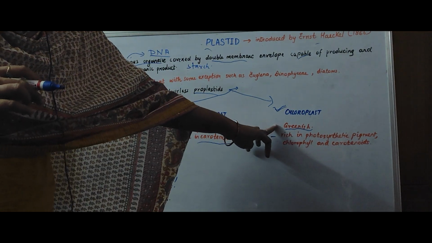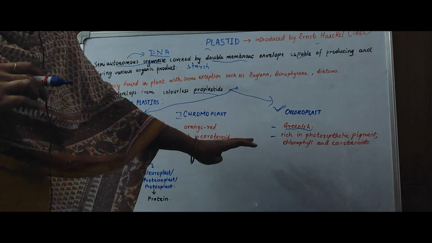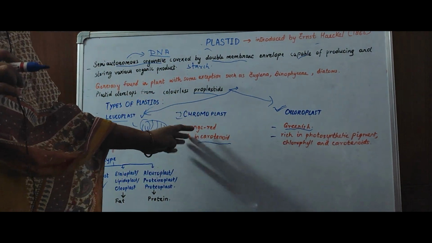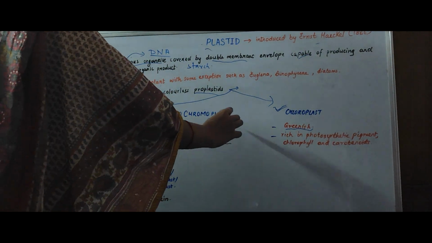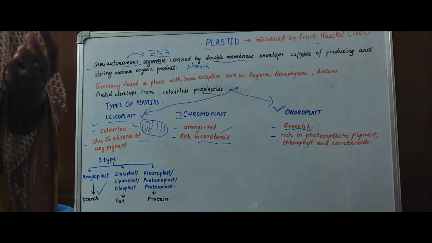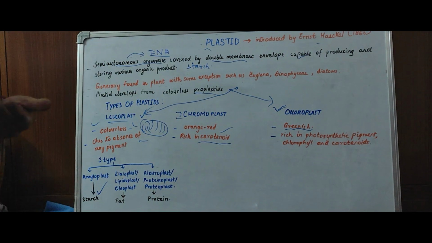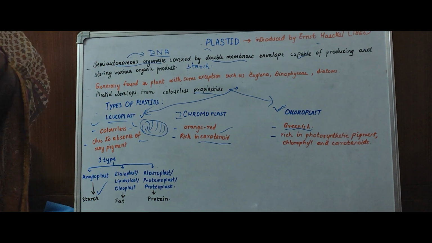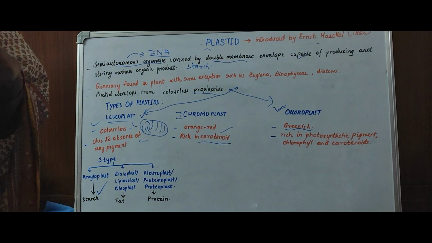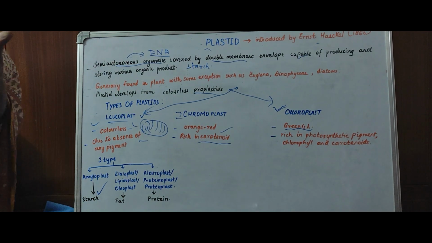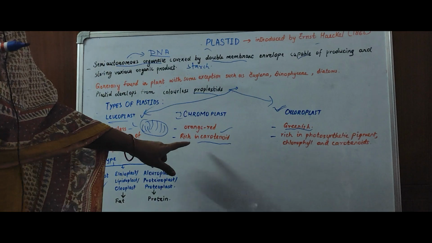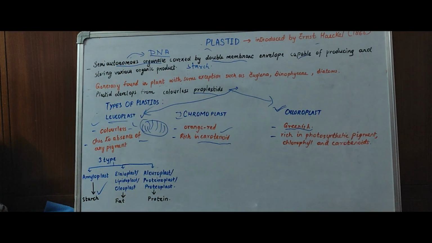Previously they were green in color, as chloroplast is green, but they will change into orange red due to the carotenoid pigment. That's why we can see tomatoes getting ripened. The chloroplast was green previously, but when it ripens, it becomes red in color due to the carotenoid present in it.